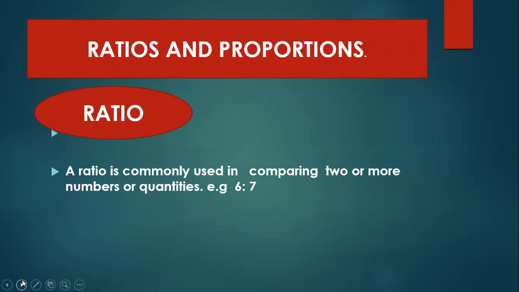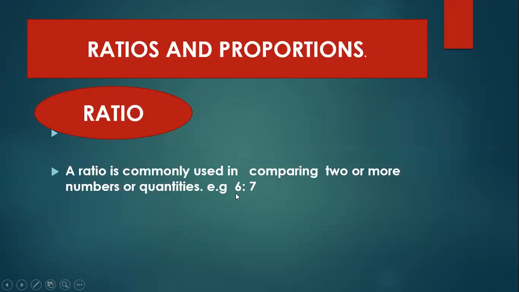Remember, we said that ratio is commonly used in comparing two or more numbers or quantities. For example, 6:7. So we are comparing them. Remember, we have two types of ratios: increasing ratios and decreasing ratios. If you see a ratio that starts with a smaller number like this, and then this one is bigger, this is a decreasing ratio.